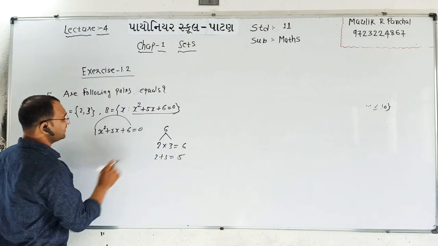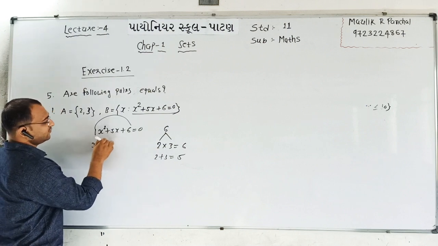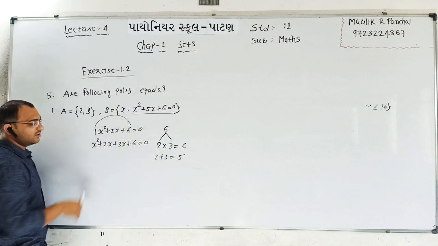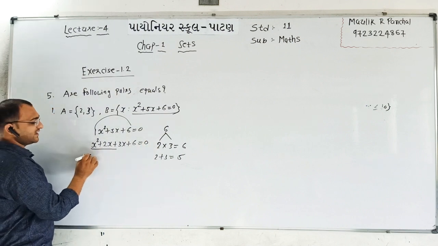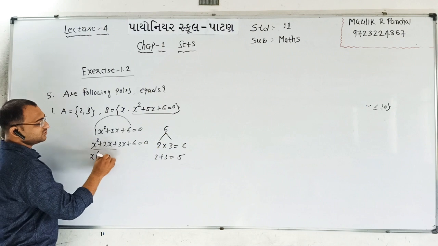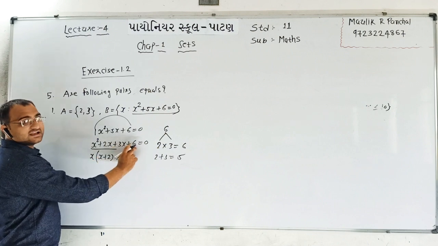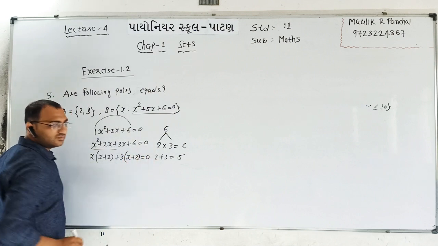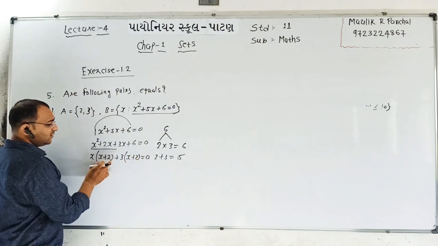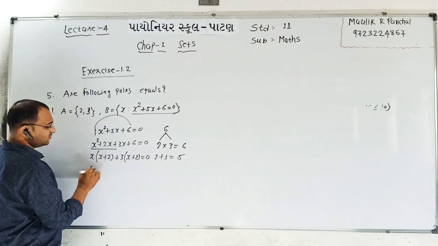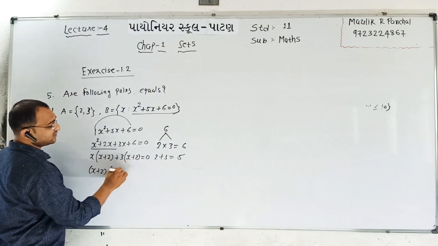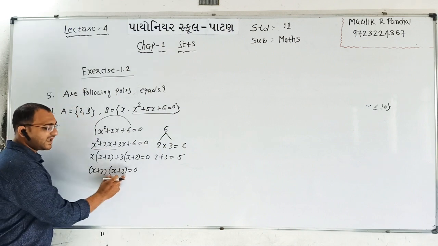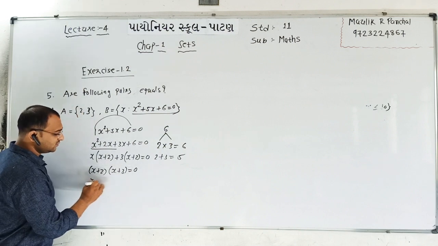By the splitting method, x square plus 2x plus 3x plus 6 equal to 0. Common from x square plus 2x is x in bracket x plus 2, plus common from 3x plus 6 is 3 in bracket x plus 2. Another common, x plus 2 in bracket x plus 3 equal to 0. That means x plus 2 equal to 0 or x plus 3 equal to 0.